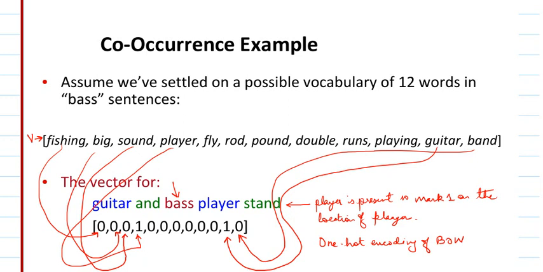So having the term frequency as a feature extraction method will not work very well here. It would not add anything much to it. So one hot encoding would be a good feature extraction method.